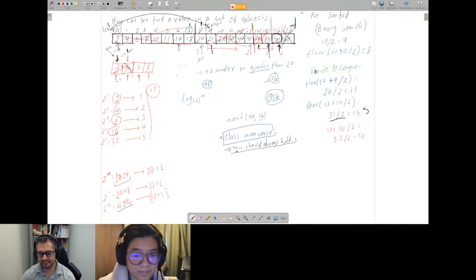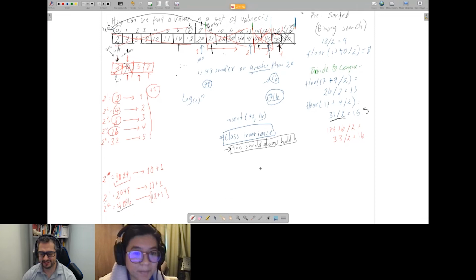The array should always be sorted. That's a class invariance. And you have to make sure that whenever you do something in there, the array has to be sorted, because the rest of your data structure depends on that.